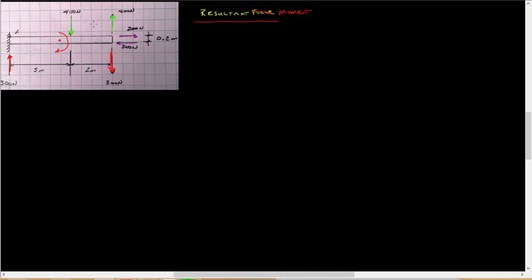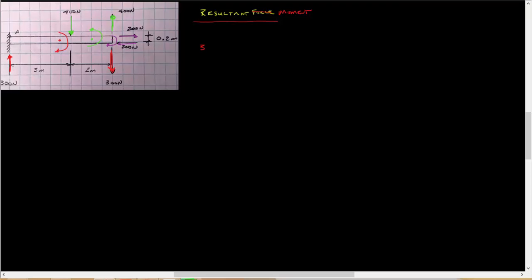My green one is going to be rotating counterclockwise, and my purple forces here are going to be rotating clockwise as well.